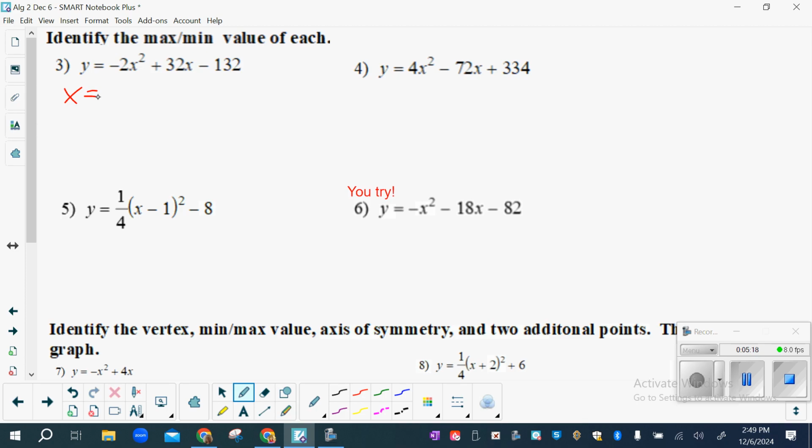It's x equals negative b over 2a. Oh, wow. I knew I would use that. So negative b over 2a. So somebody from this group here, what is my b? 32. Yeah, so it's negative 32. What is my a?